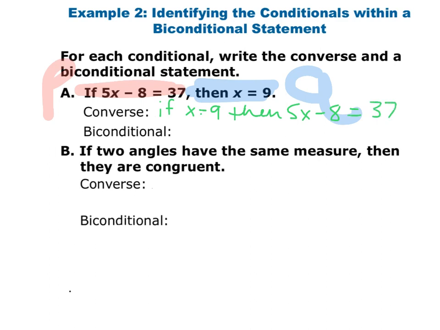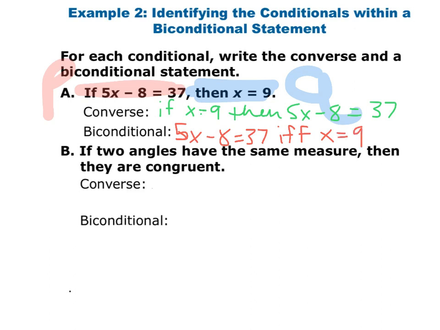Our biconditional would be combining the conditional statement and the converse. So we would write 5x minus 8 is equal to 37 if and only if x is equal to 9.